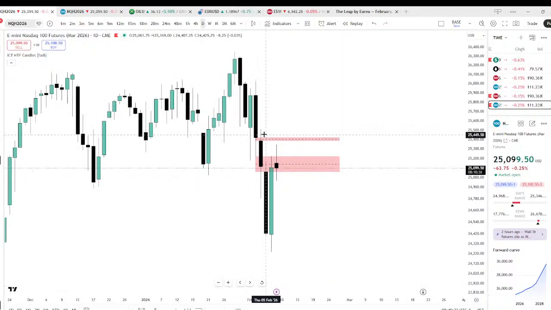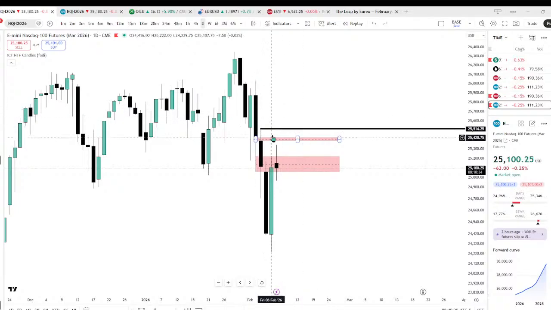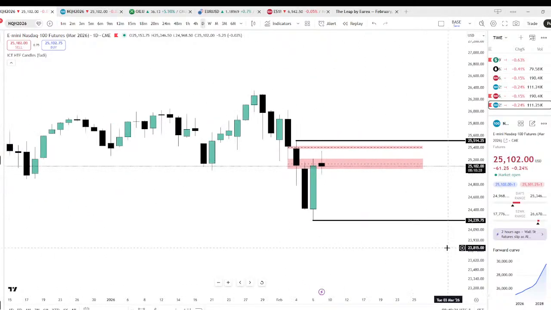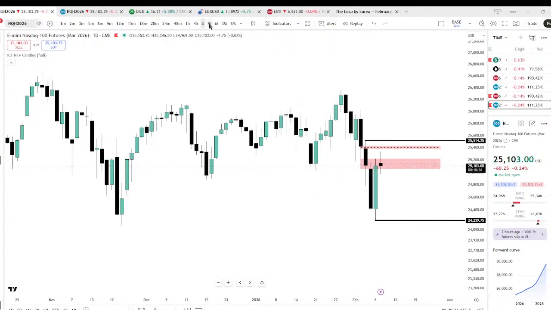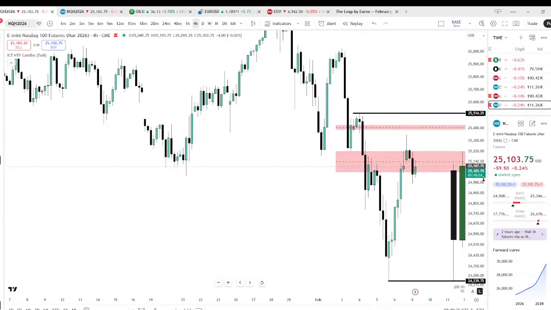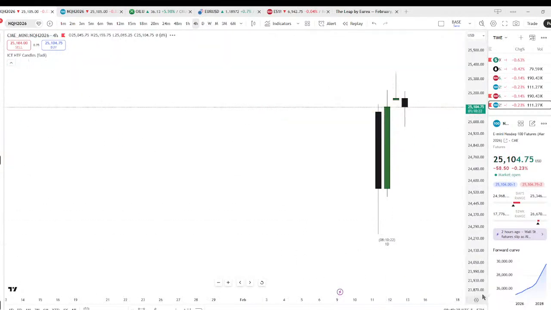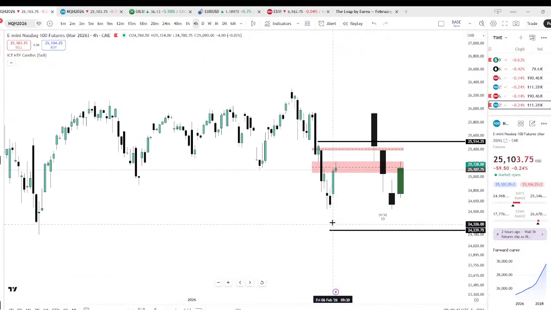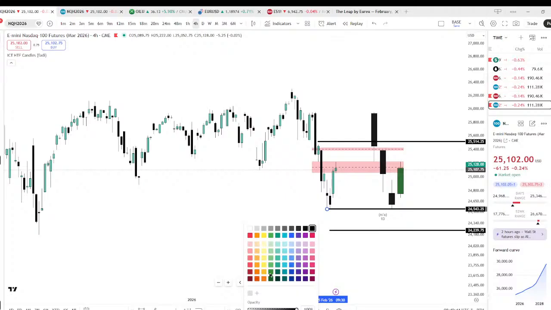The last 3 days includes that high, this low, this low.